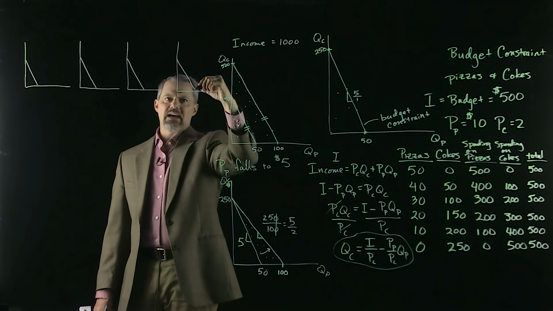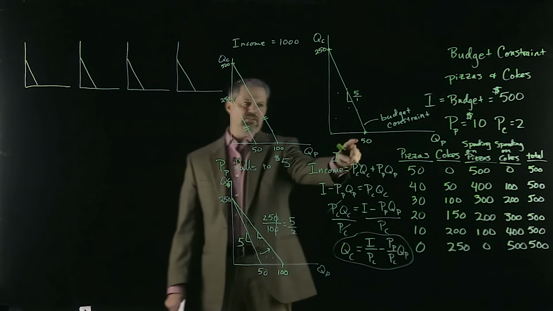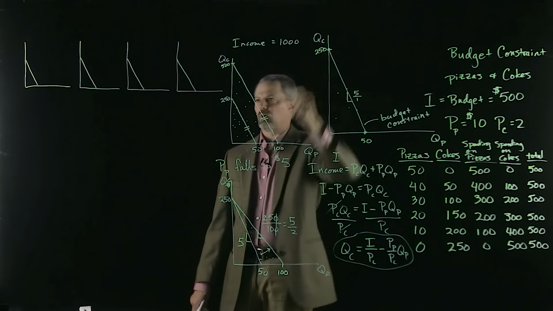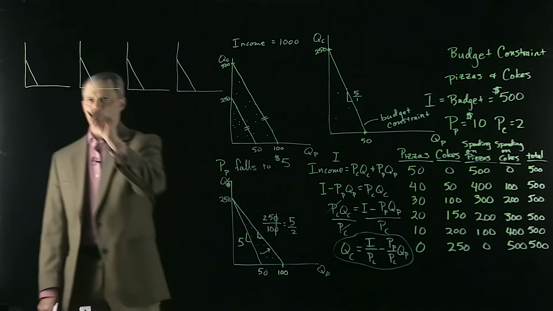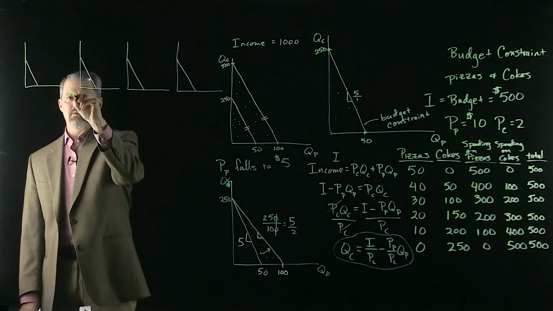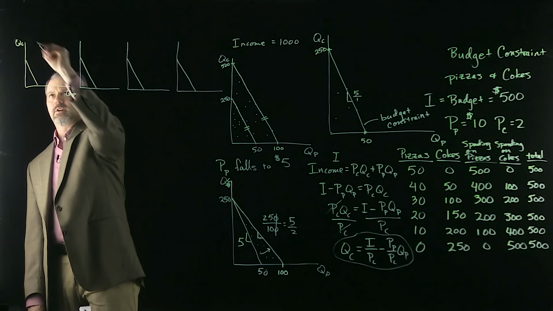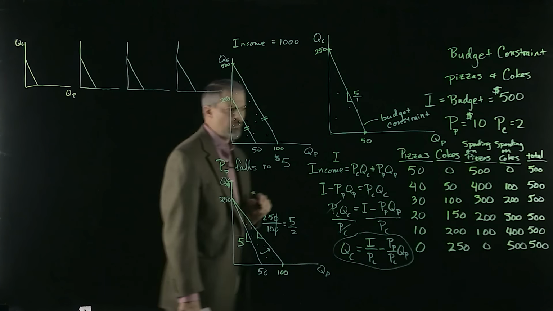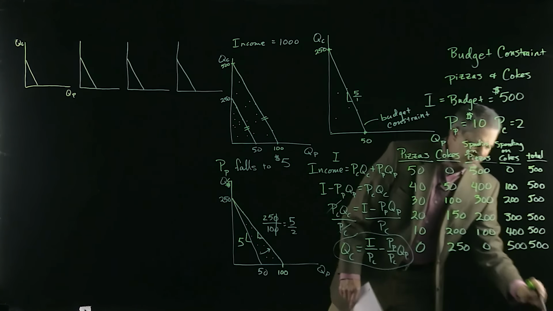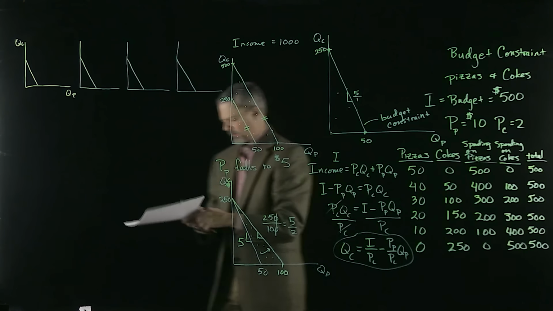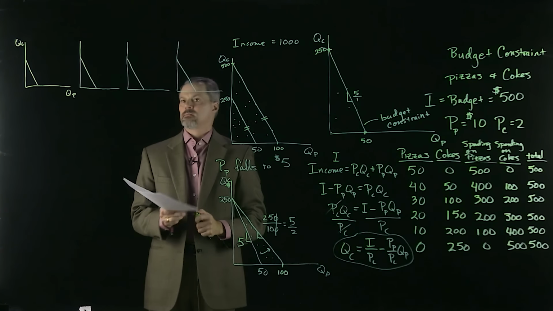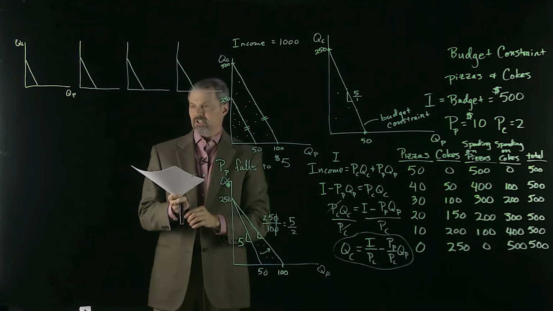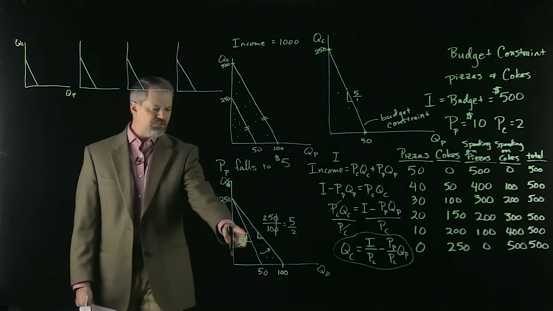What would be on the axis of each of these pictures is the quantity of pizzas and the quantity of Cokes. Okay. Let me label one of them so we can still see, there's quantity of pizzas, quantity of Cokes. So now let's think about, in a different color here, I'm going to talk about what happens if each of these prices changes. And so let's do this one first.